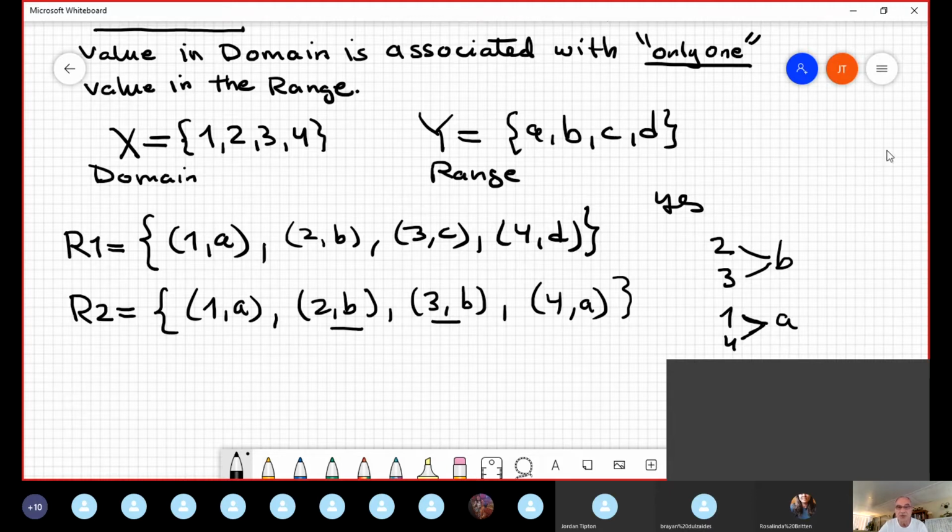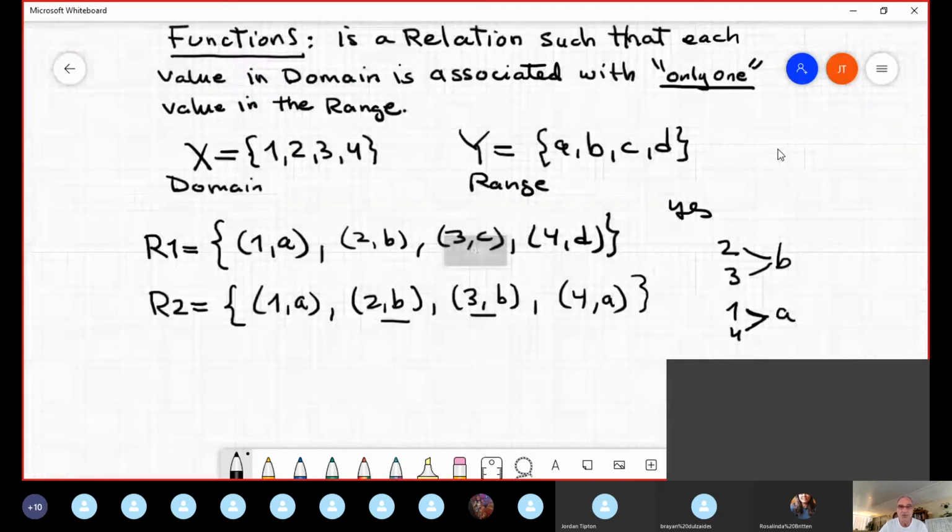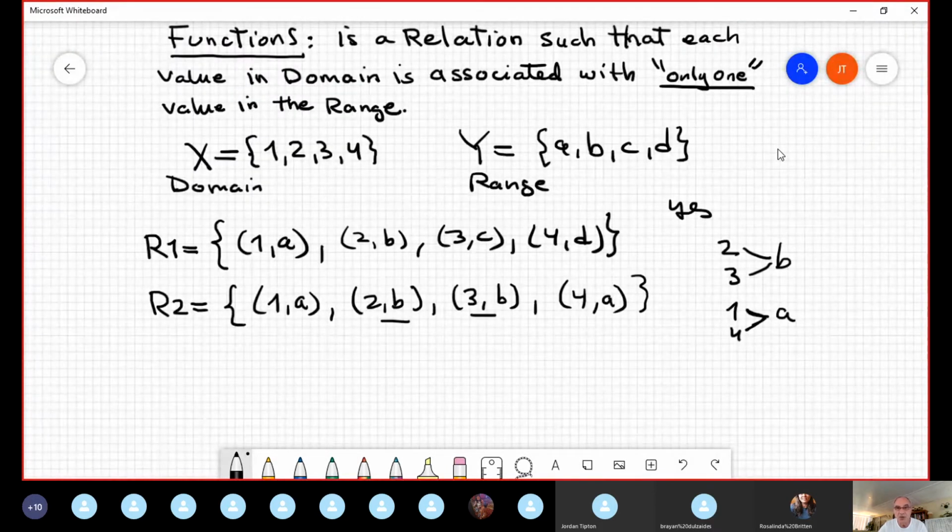But I come back to the definition. Please pay attention. The definition says associate with only one in the range. Remember, this element belongs to the range. Each is associated with only one, B or A. There is no contradiction with the definition. Do you see or no? I put it intentionally because I want you to fail.